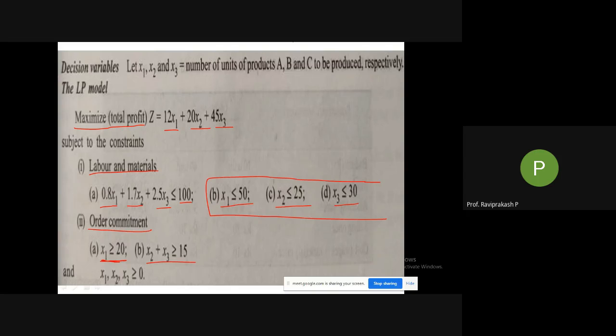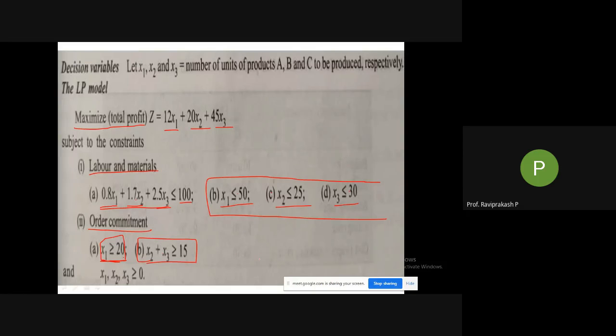So here, how many constraints do I have? With all three, I have one for labor. Then the rest, three single ones in terms of production. Then for orders, I have x1 single, then x2 plus x3 greater than or equal to 15. That is the second one. So how many are there? 1, 2, 3, 4, 5 and 6 constraints.